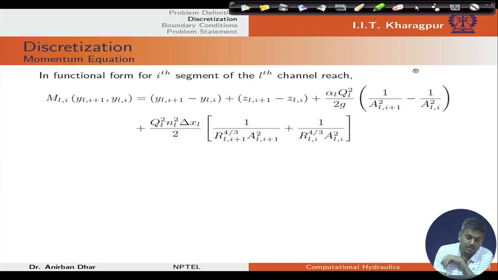Now, we already have our discretized momentum equation.